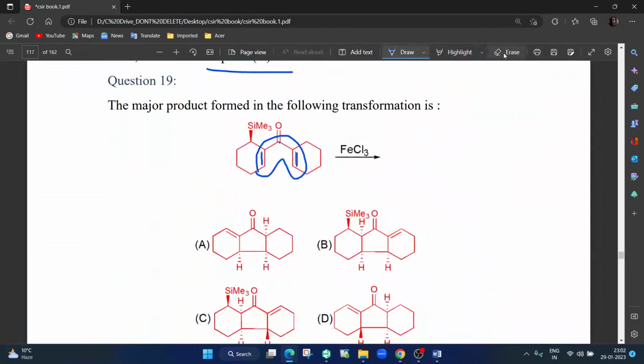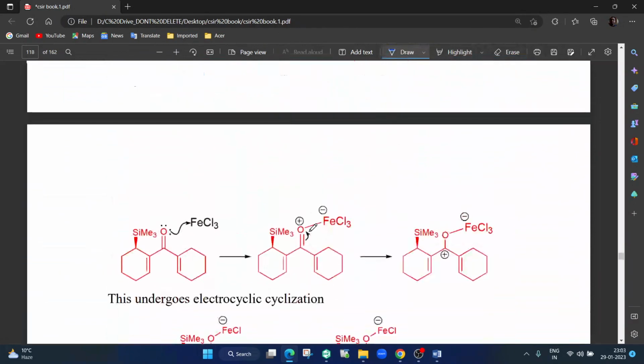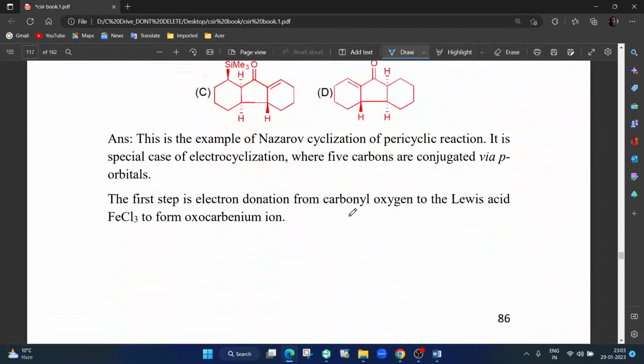It's a pericyclic reaction, an electrocyclic reaction. For this electrocyclic reaction, we know that we need a conjugated system. FeCl3 we know is a Lewis acid. So first step is, you can read all this.